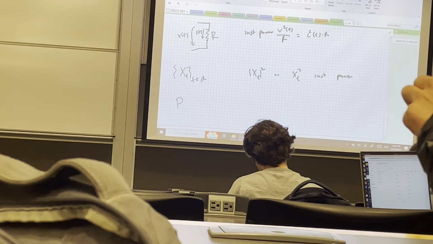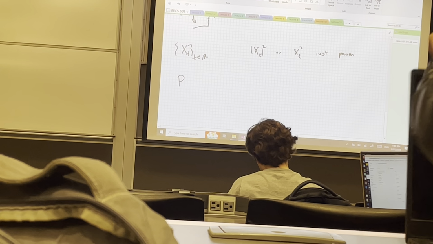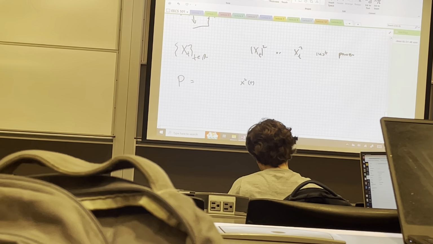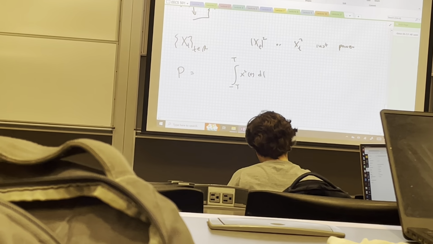Okay. So let's go back now to determinism. How do we find the power P of a signal? Well, if the instantaneous power is something that's changing with time, then we can say that the power of the signal can be thought of as the instantaneous power integrated over a window from minus T to T, which gives you the energy over a window of time.